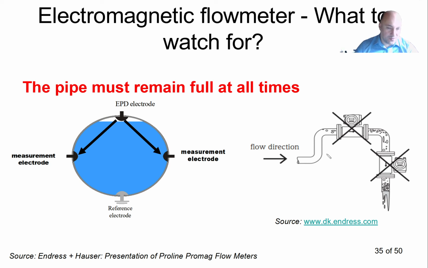So it's not recommended for this reason to install the flow meter in the horizontal pipe that goes like that, or in a pipe that goes downwards. Because if you install the pipe like this, then you may have bubbles in here and your pipe is not full at all times. And the same also here in this arrangement. The flow is going like that, the bubbles will go up, and you will not have a full pipe in the flow meter.